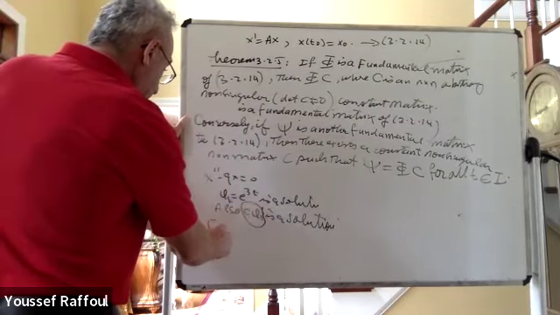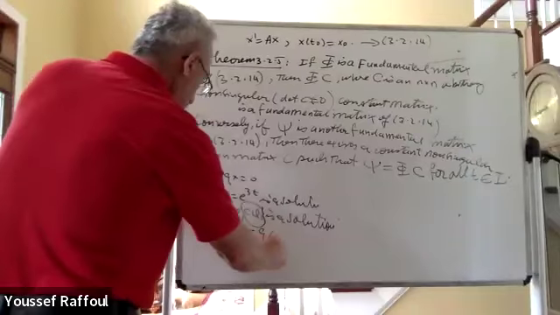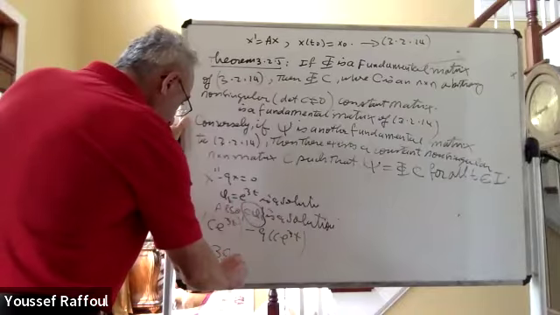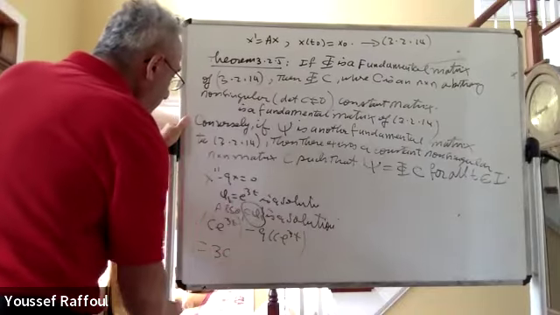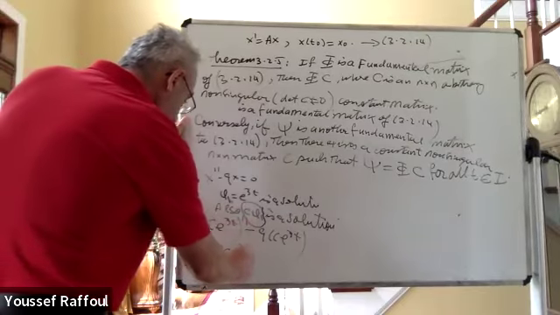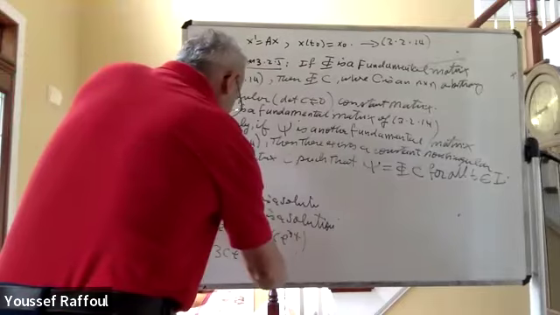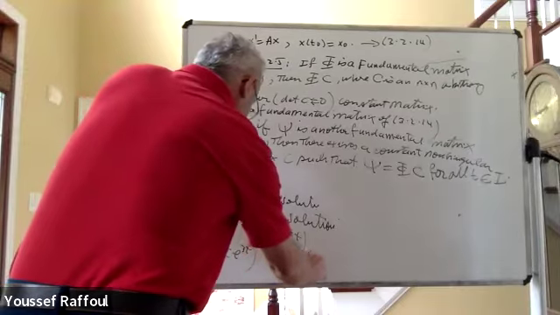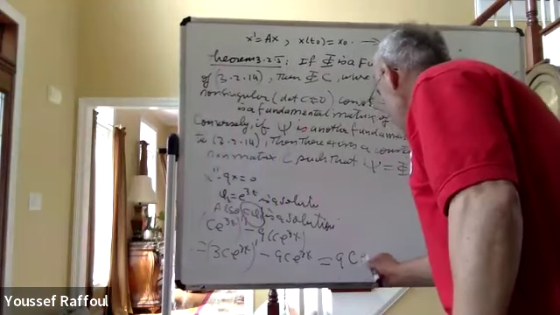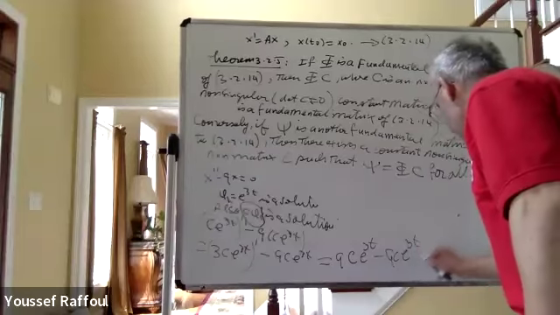So basically, any c e to the 3t second minus 9 c e to the 3t, that is equal to 3c e to the 3t prime minus 9c e to the 3t, and that is 9c e to the 3t minus 9c e to the 3t, and that is 0.